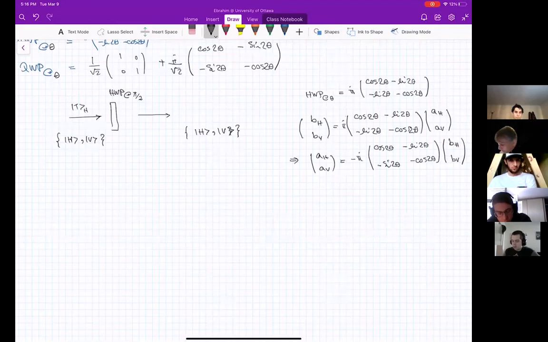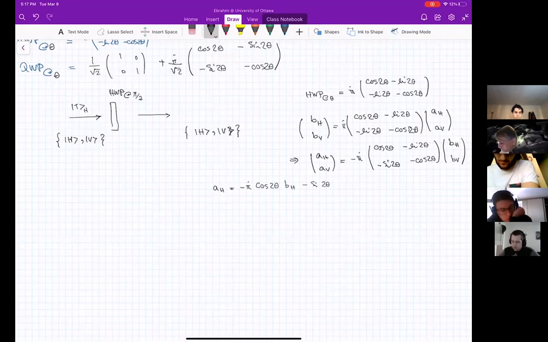So now I know that AH is given by minus i cosine of 2 theta BH minus sine of 2 theta BV.